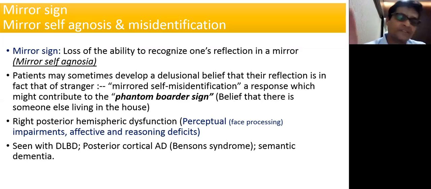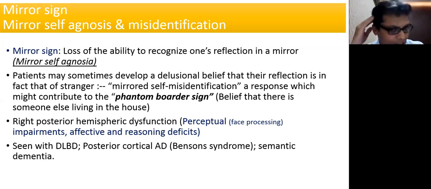The memory impairment comes late into the disease course, and that is called posterior cortical AD or Benson syndrome. Third variant is the frontal variant of Alzheimer disease, which is called Johnson syndrome, where patients have prominent behavior problem and personality problem along with memory problem.